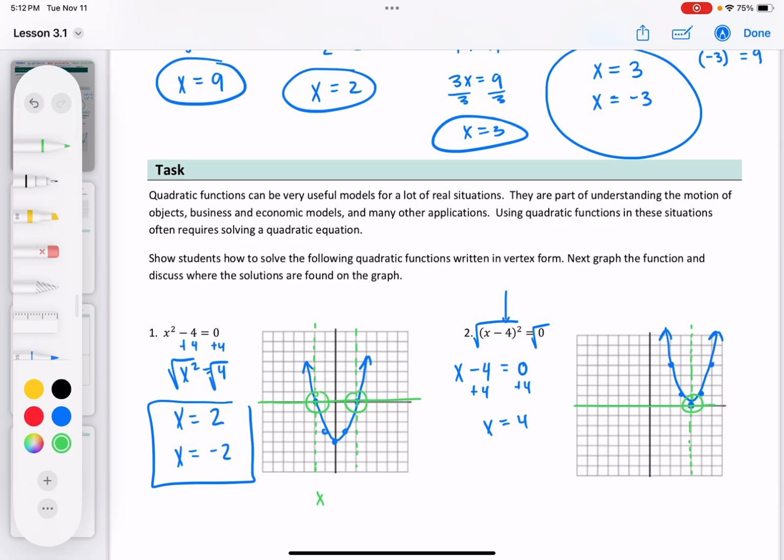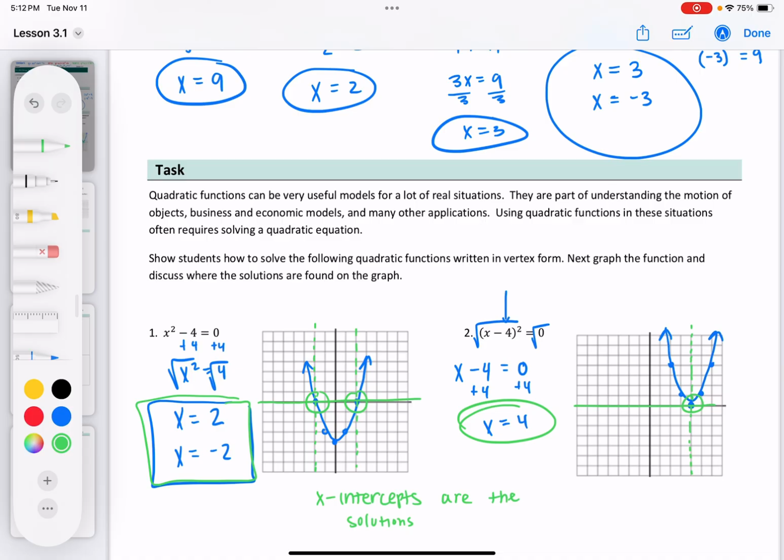In other words, the x-intercepts are the solutions. That is why on number 2, we just have one solution, because we only have one x-intercept. But on number 1, we have 2 solutions because it crosses the x-axis twice.